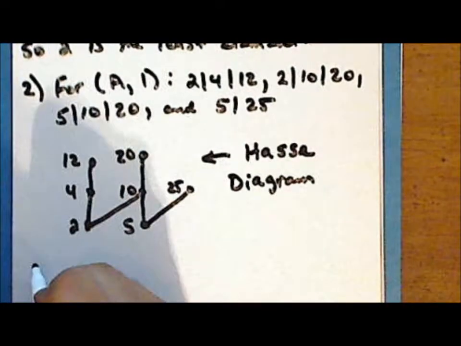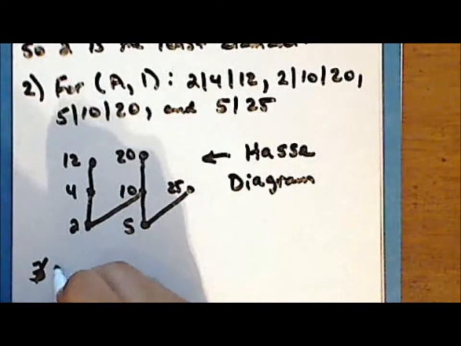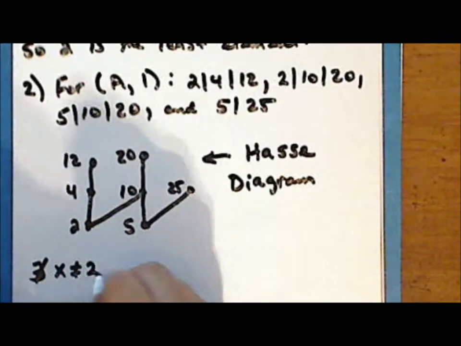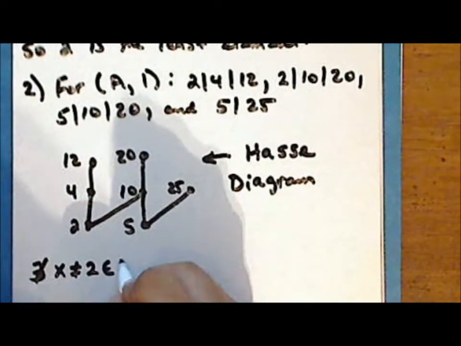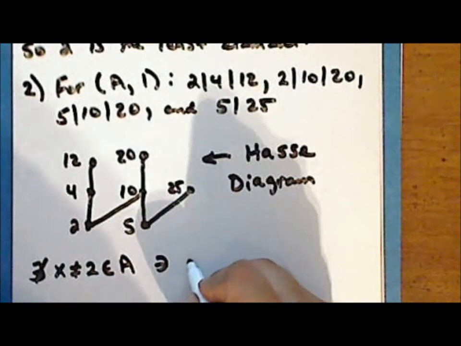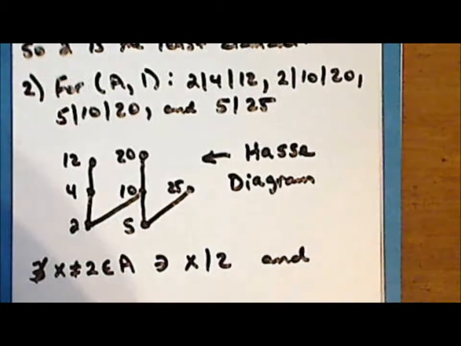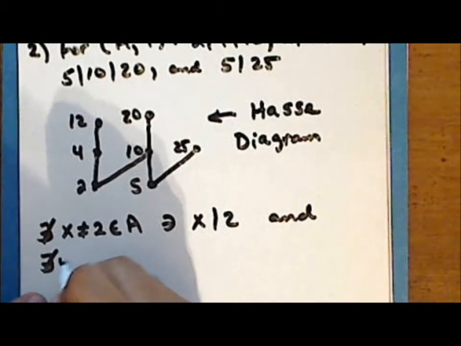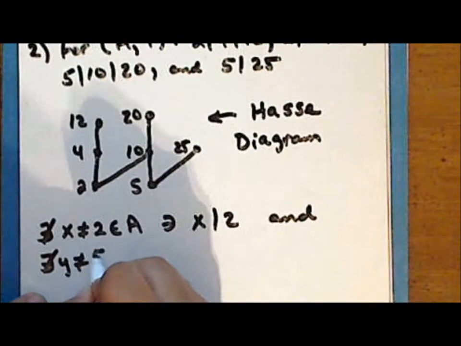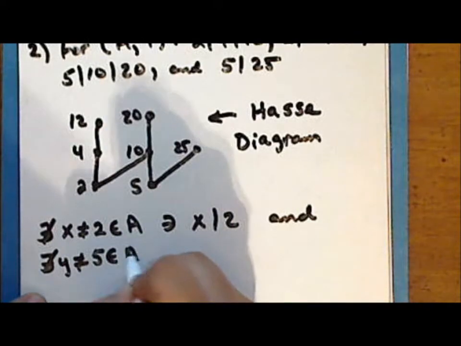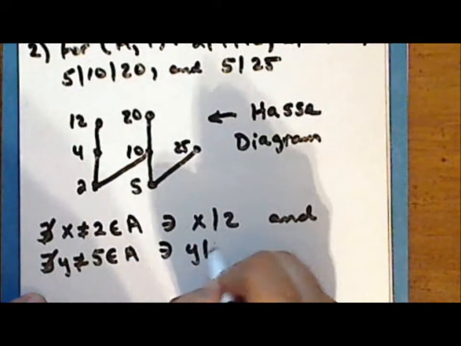So notice that there does not exist an element x which is distinct from the element 2 in the set A, such that x divides 2, and there does not exist an element y which is distinct from the number 5 in the set A, such that y divides 5.